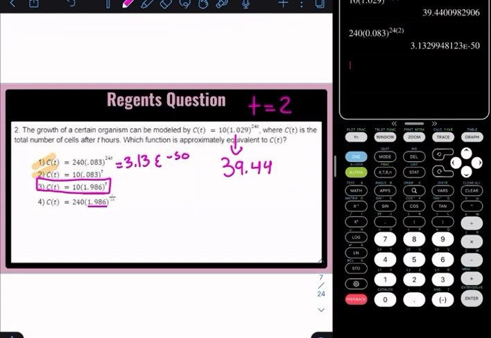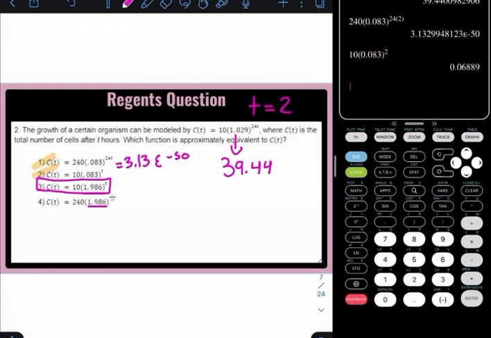Let's try the next one, 10 parentheses 0.083, and we're going to raise it to the t power, which we're making 2. That would be 0.06889, not going to be the answer. Let's try the third one, 10 parentheses 1.986 raised to the t power, where t is 2, and guess what, that equals 39.44. So that would definitely be our answer.